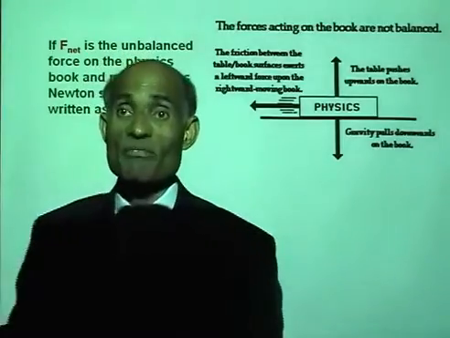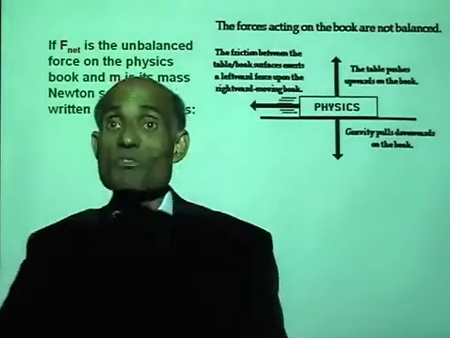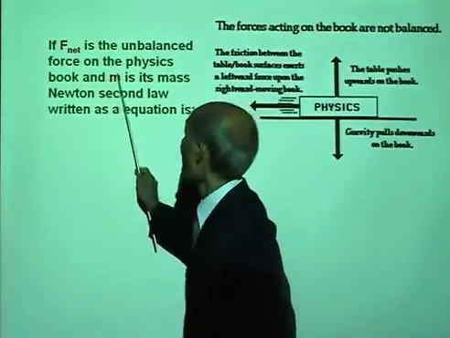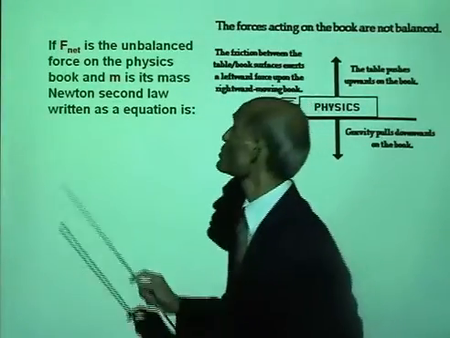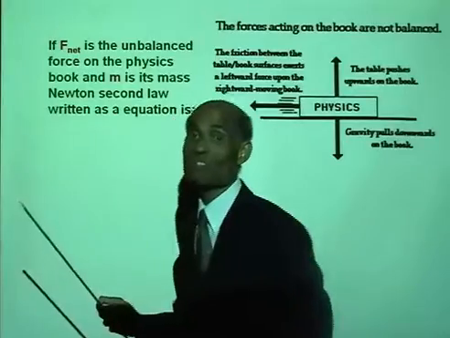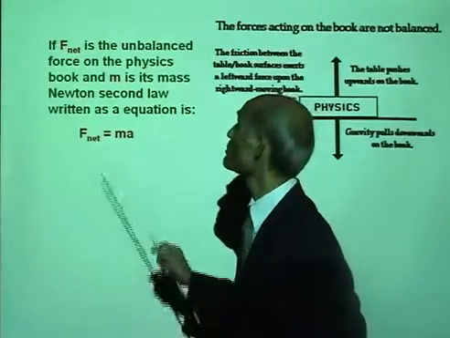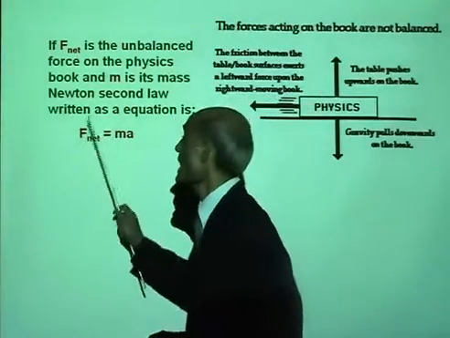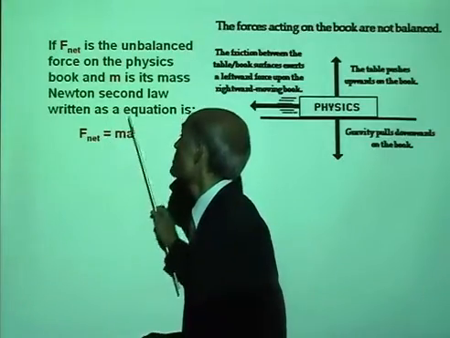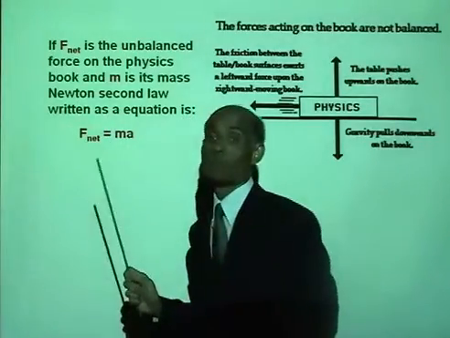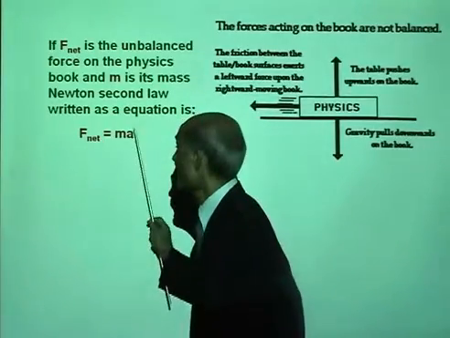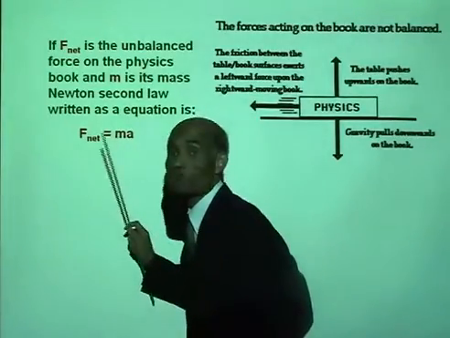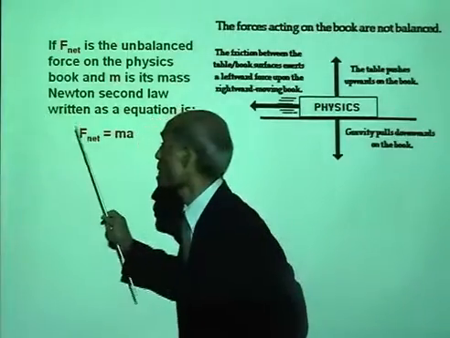Okay, so if F net is the unbalanced force on the physics book, and m is the mass of the book, Newton's second law can be written as, I'm going to write down Newton's second law as an equation. F net equal to ma. You see, this is what Newton's second law says. Acceleration is proportional to force.